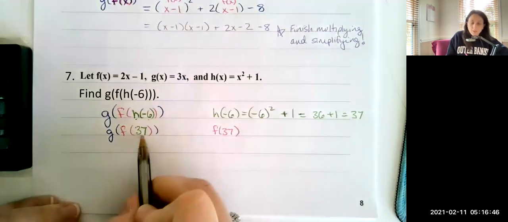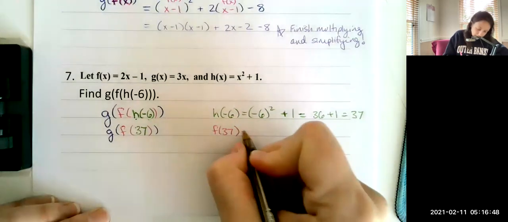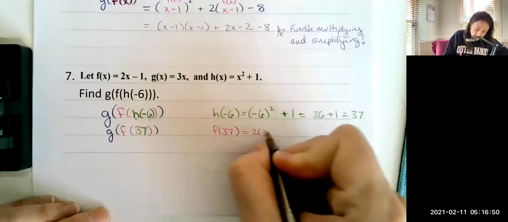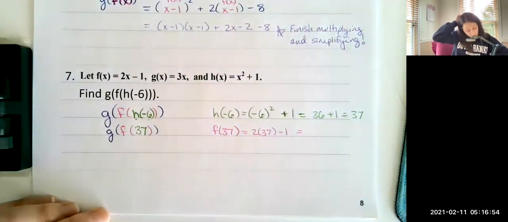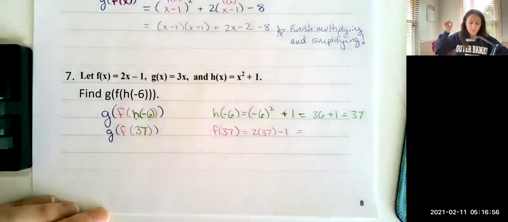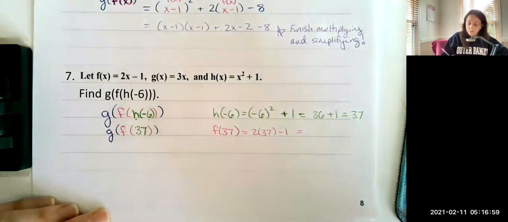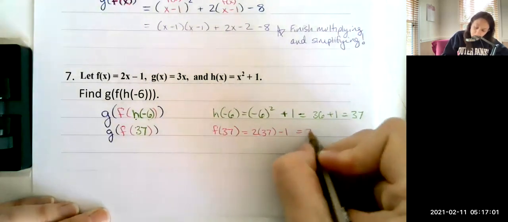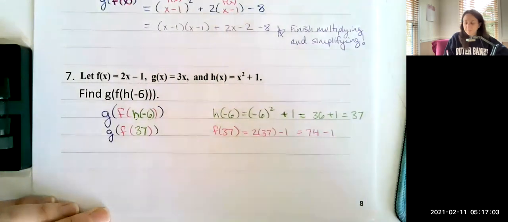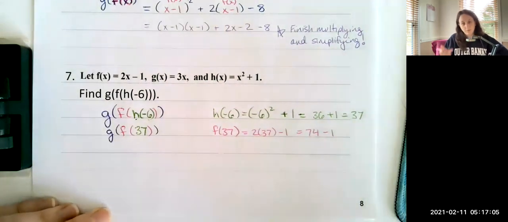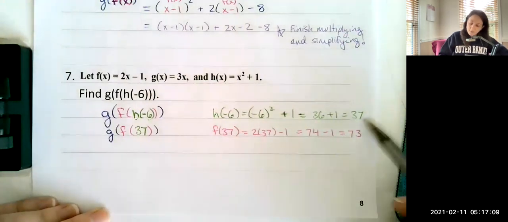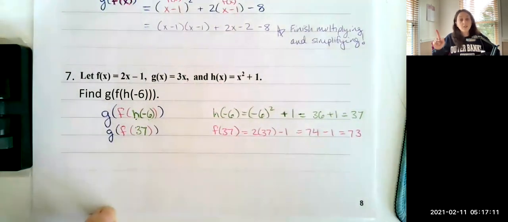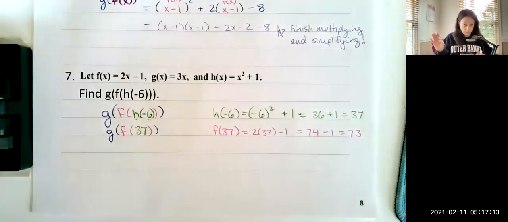That's the next function with the number to go into it. 2 times 37 minus 1. 2 times 37, let's see, 2 times 30 is 60 and 2 times 7 is 14. So 60 and 14 is 74 minus 1. You can check that in the calculator, but that's how my brain works. 73. Oh, that's cool. It's like the reverse of it. Not intentional, not a pattern, it was just cool.